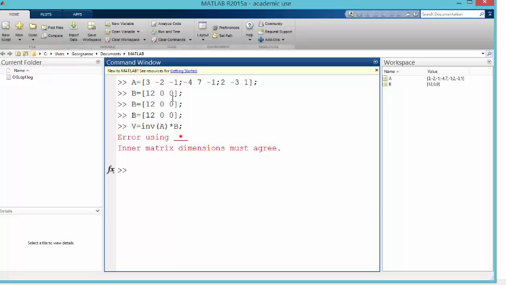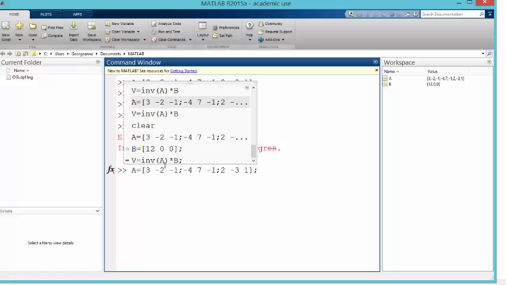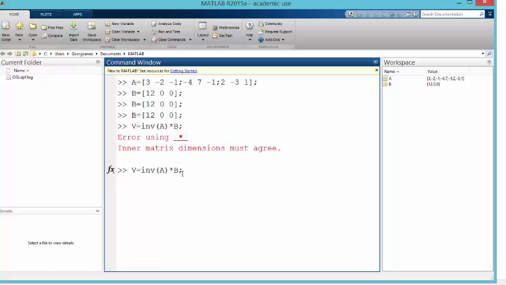The way I've written it, I know what I did wrong. This is written as a row vector right now, and I need it to be a column vector. So I'm going to push the up arrow, find that statement where I messed up. There it is. If I want a different statement, I can select a different one. See it showing up on the current line. This is the statement that I messed up. The reason is that B has to be a column vector, so it needs a transpose mark in it, which means transpose.